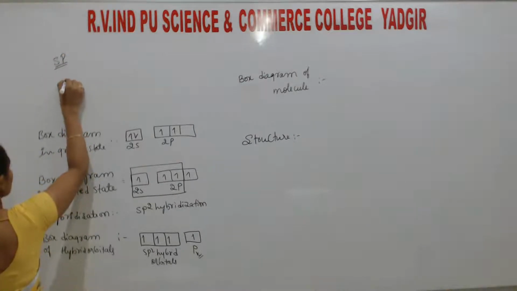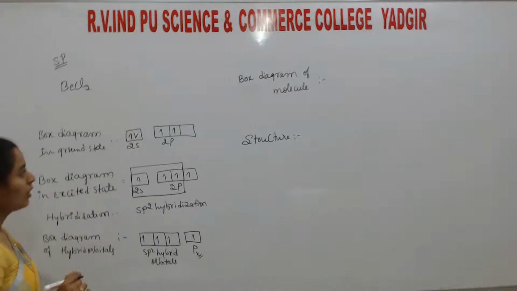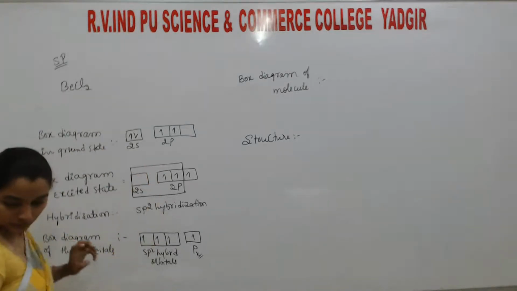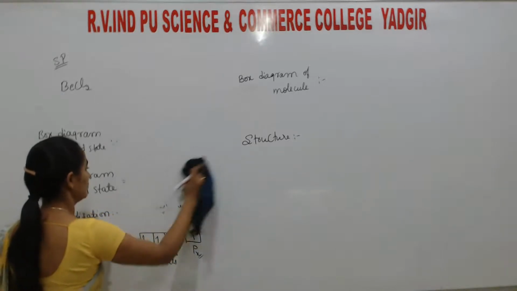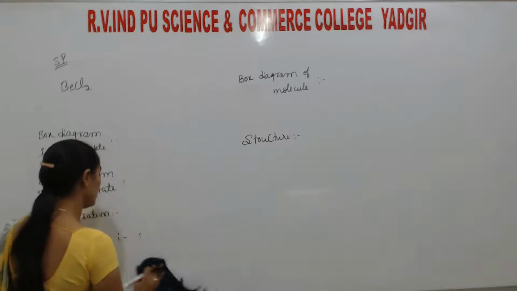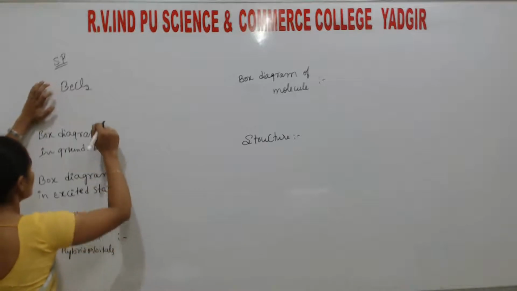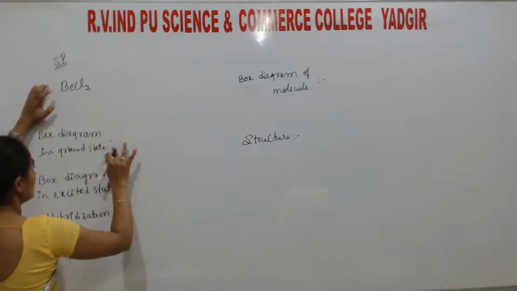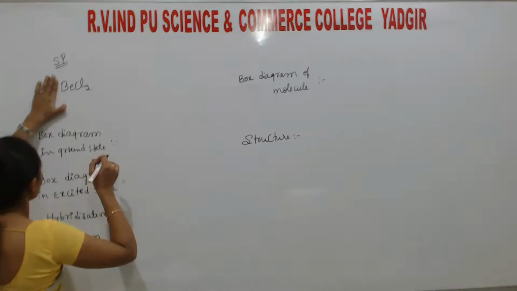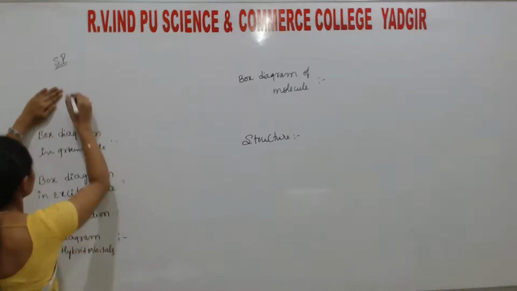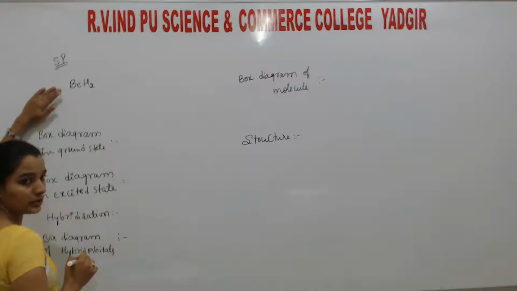So the next one is sp hybridization. For sp hybridization, I will take the BeCl2 molecule, and take BeH2 first.